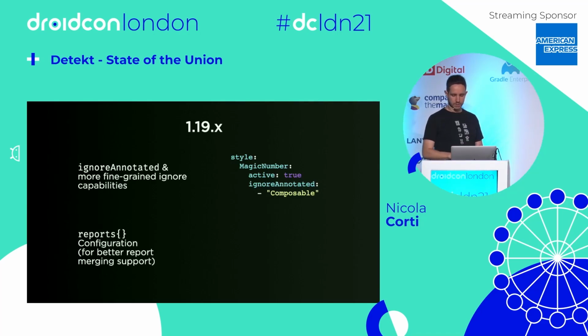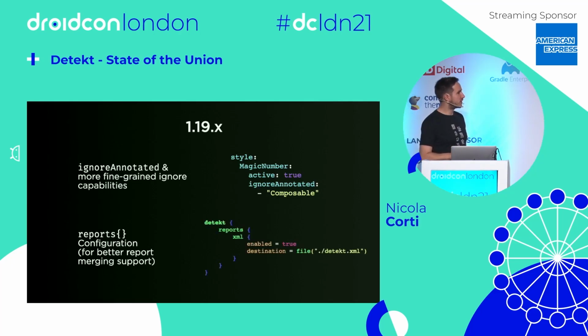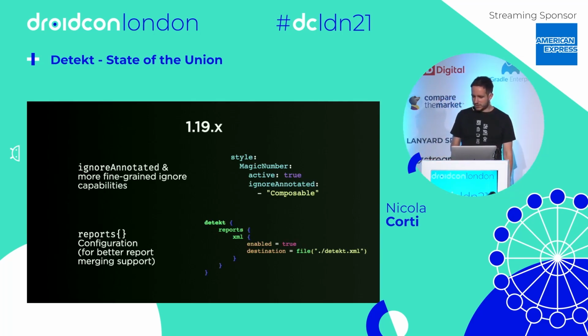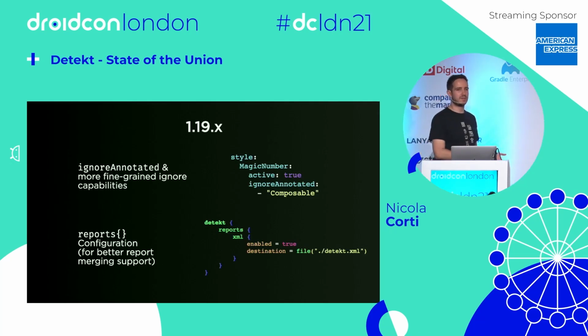Another big change that we are shipping is how the reports configuration works. Historically in Detekt, you would specify the reports in this way, using Detekt reports, XML, and you would specify a destination. This was designed when Detekt had only one task.